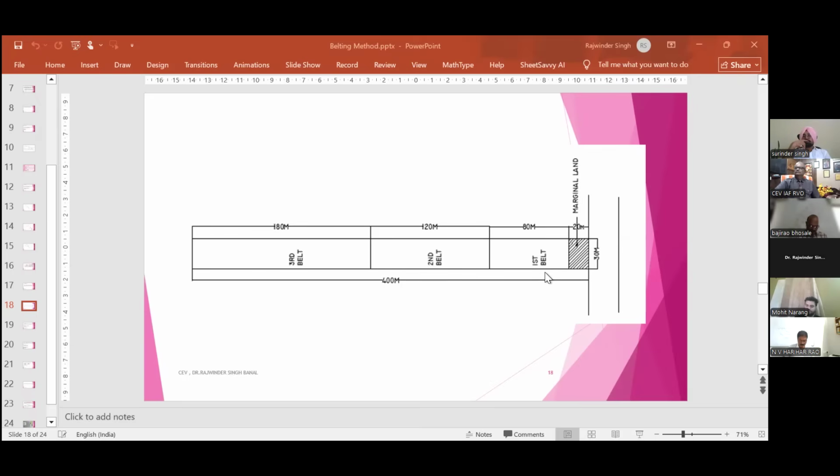First belt is having a depth of 80 meter, second belt having a depth of 120 meter, and third belt is having a depth of 180 meter. This is just an example. How this depth will be decided, we will consider that. This is just an example to make the things clear. Why it is hypothetical belt, not actual belt.